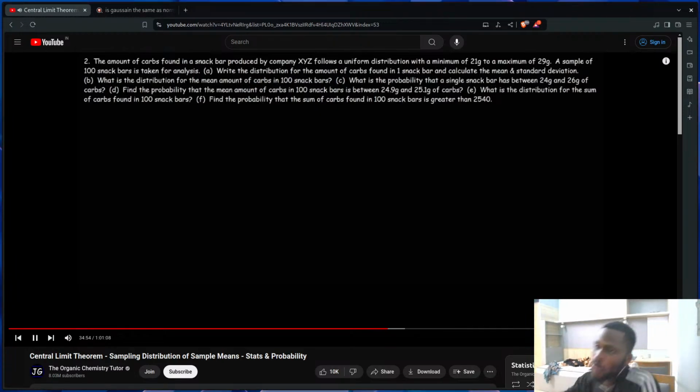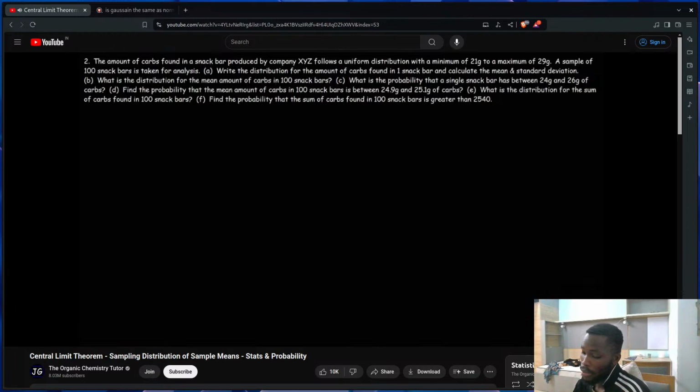The amount of carbs found in a snack bar produced by company XYZ follows a uniform distribution with a minimum of 21 grams to a maximum of 29 grams.